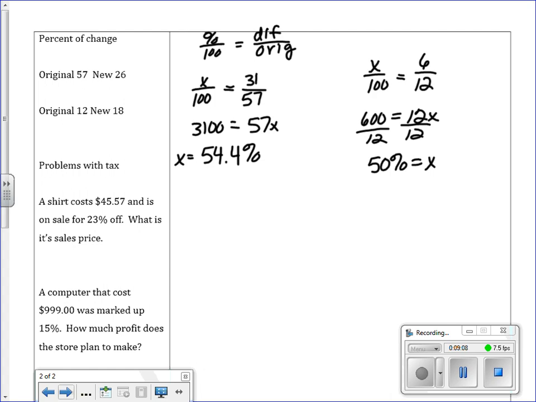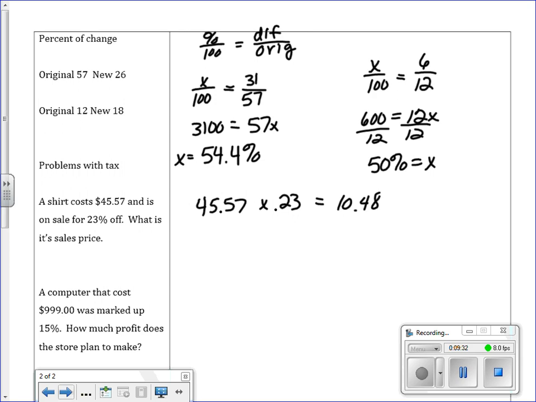All right, moving on. A shirt costs $45.57 and is on sale for 23% off. What is the sale price? So I had 45.57 times 0.23, and that ends up equaling $10.48.